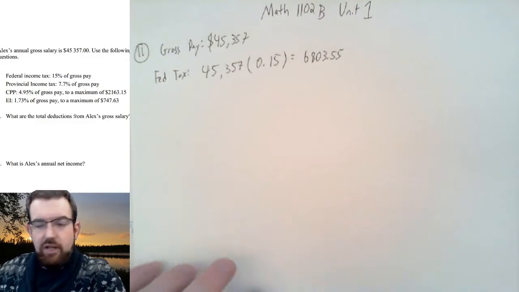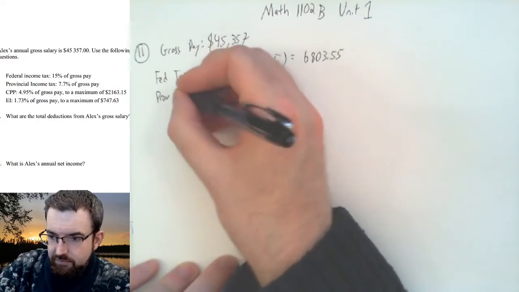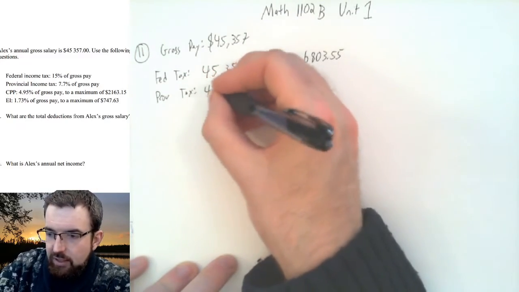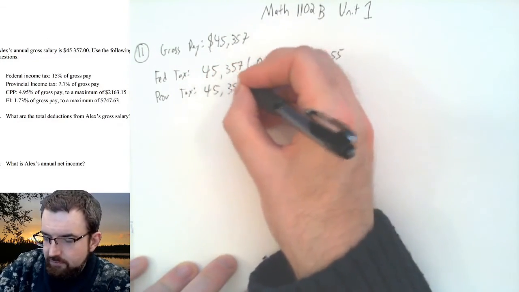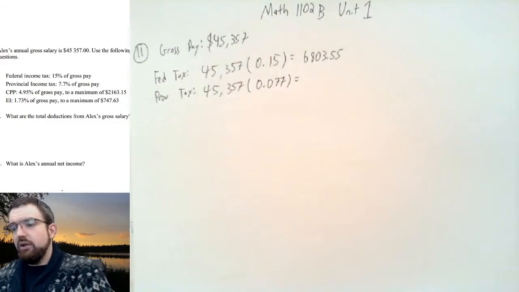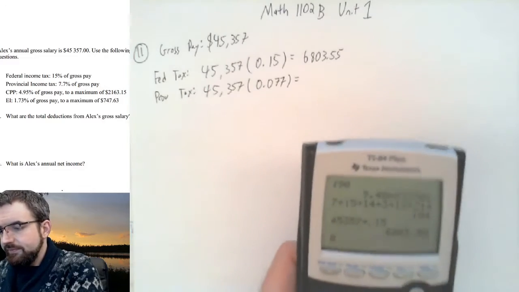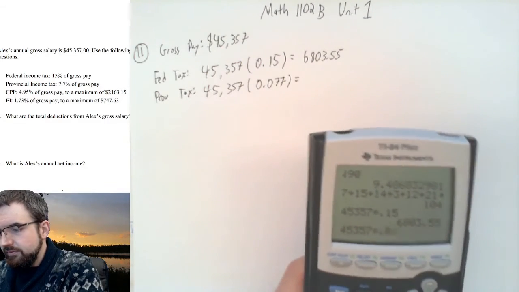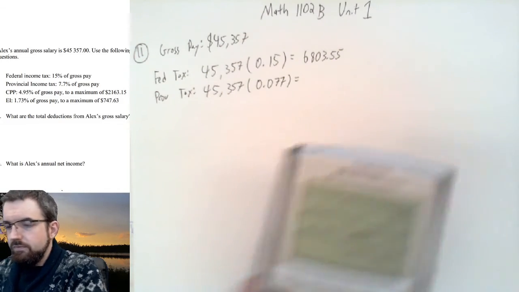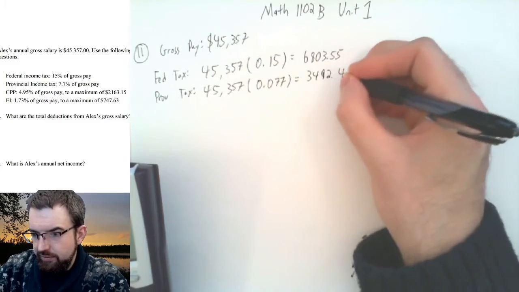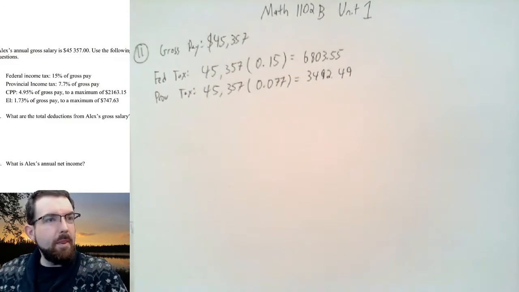Right? We're going to do the same thing for provincial. Provincial taxes 7.7%, so that's the same total amount, times 0.077, and that's going to equal 3492.49. Right?